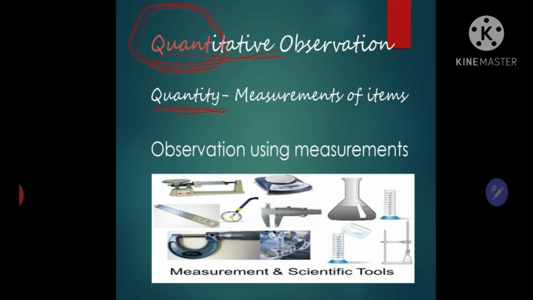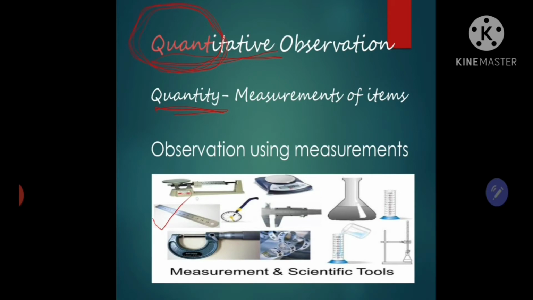When you say quantity, this is the measurement of certain items, of certain things, of certain events. For example, you want to measure how long your hair is. You will describe the length of your hair using measurement, using tools, and those tools, you can use a ruler or a meter stick, anything that can measure the length.